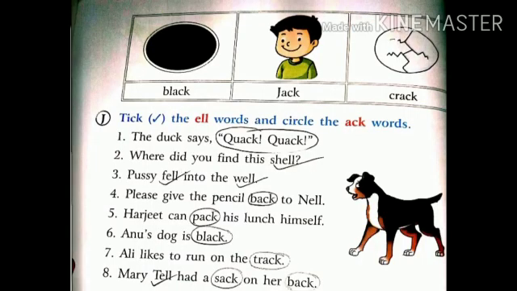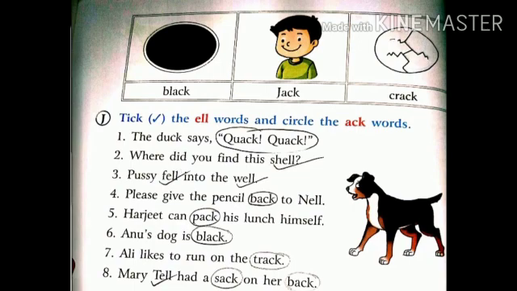Now let us see some of the ack words. As it is given, BLACK, black. JACK, jack. CRACK, crack. Children, as we are pronouncing the words, at last ack is coming. These are called ack words.